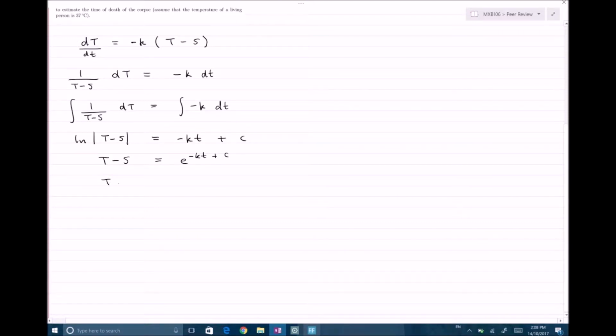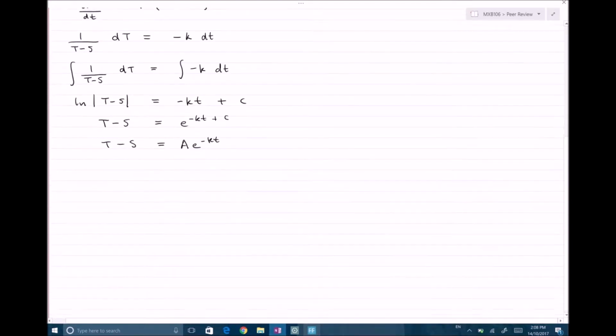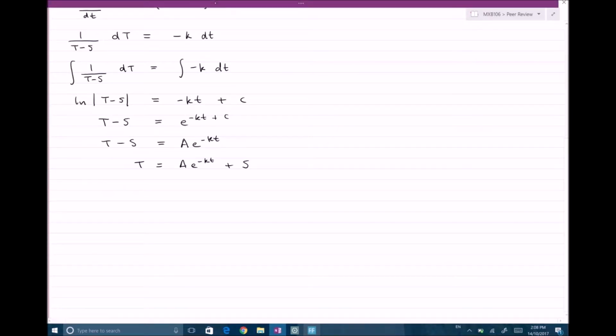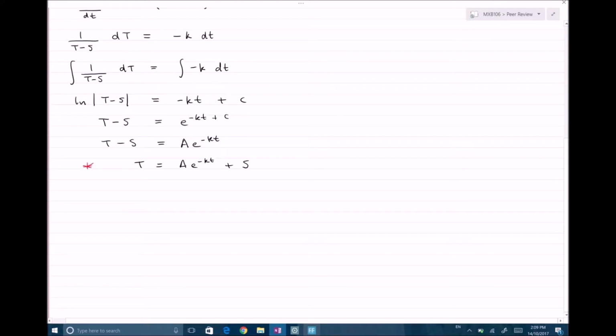So we can change this to T minus S equals A e to the power of negative kt. Now if we add S to both sides, we get T is equal to some constant multiplied by e to the power of negative kt plus the surrounding temperature. So this here is going to be our differential equation.